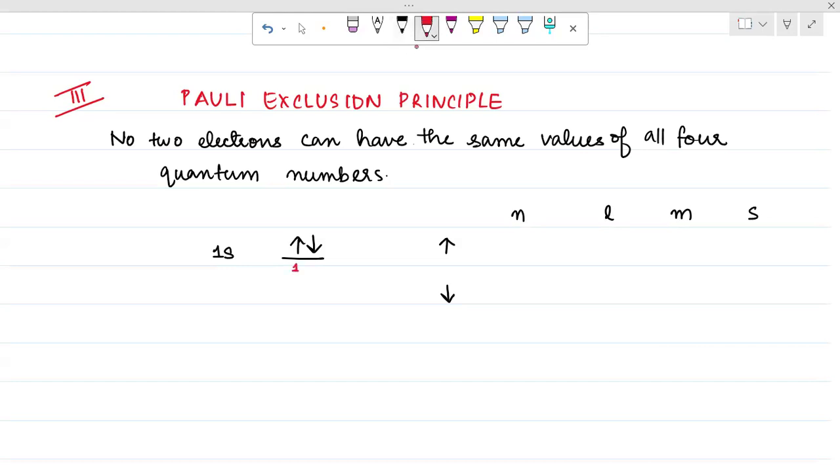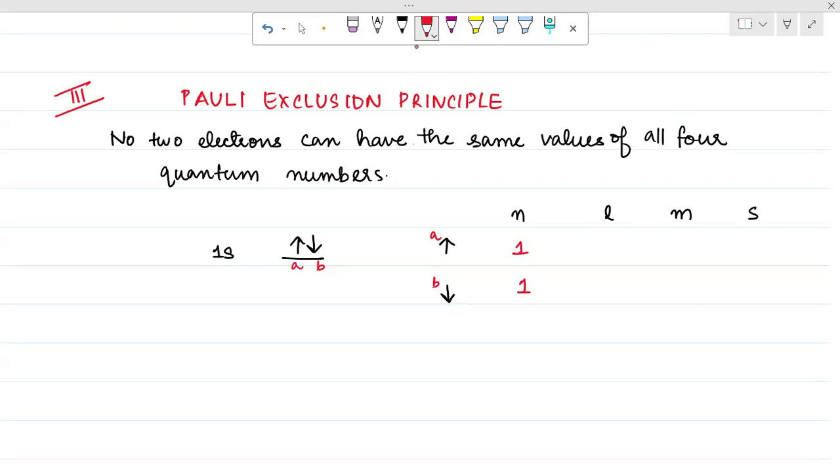Or if it gets confused with the numbers, let's change. This is electron A and this is electron B. Now, as both of these electrons are present in 1s, the principal quantum number is 1. They are the same.